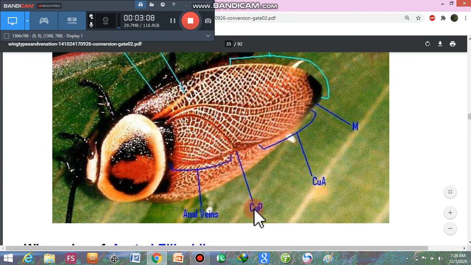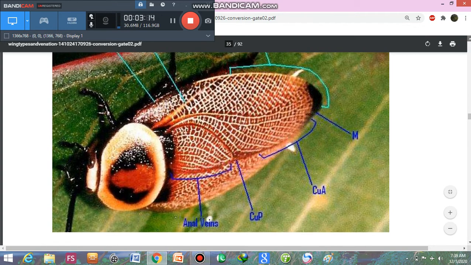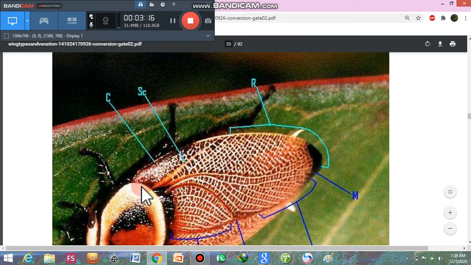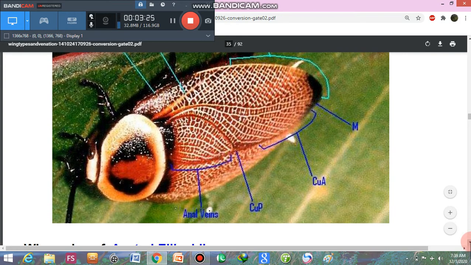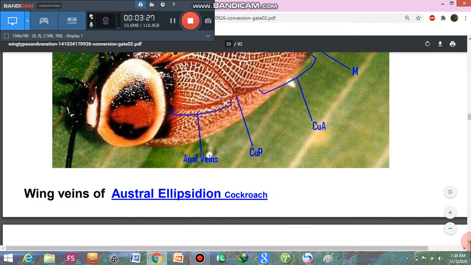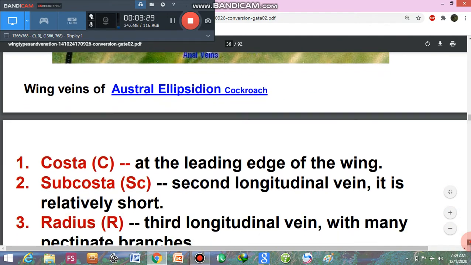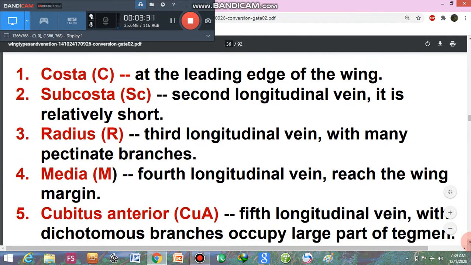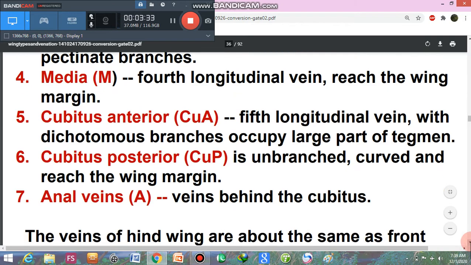This is the cubitus posterior vein, cubitus anterior vein. This is the medial vein, and this is costa, this is subcosta, this is the radial vein. Cockroaches are very common in our houses, so all of you are familiar with them. This is a further description of the veins in its wings.